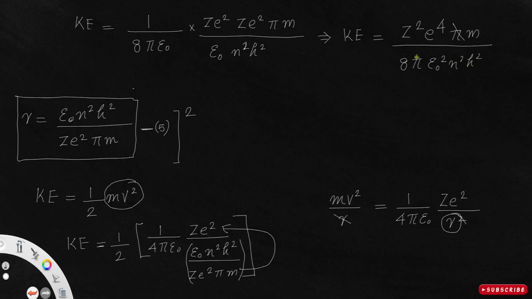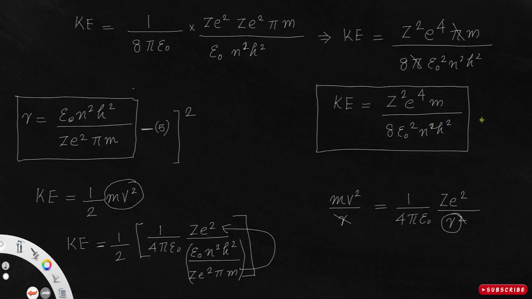You can cancel this pi also. So the kinetic energy is equal to z square e raised to 4 m divided by 8 epsilon 0 square n square h square. Okay, this is the expression for kinetic energy. Call that equation number 6.